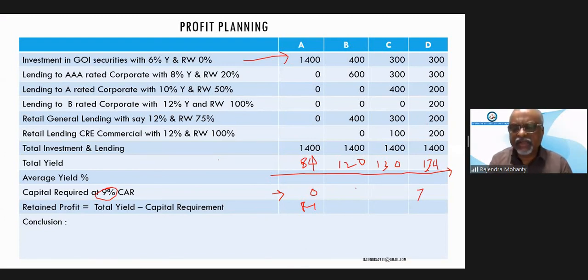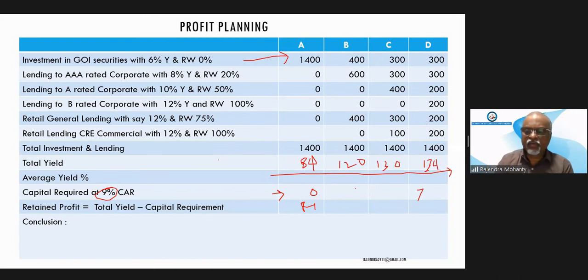Now average yield is 122, 1400. What is the percentage? What is the average yield coming? You calculate, it takes hardly 10 seconds here. You are taking so much time. 8.57. So average is 120 divided by 1400 into 100, so 8.57.